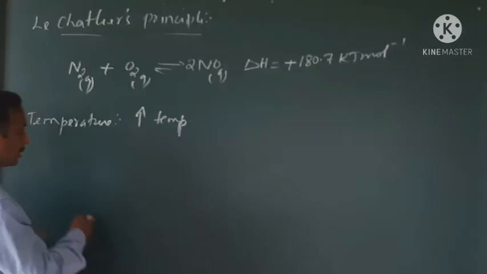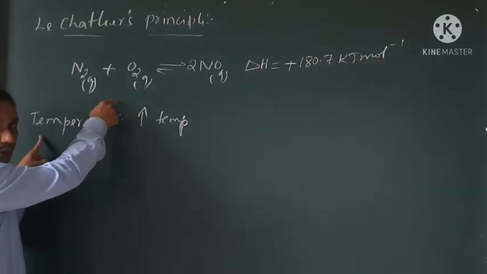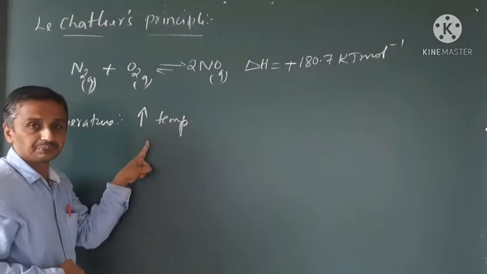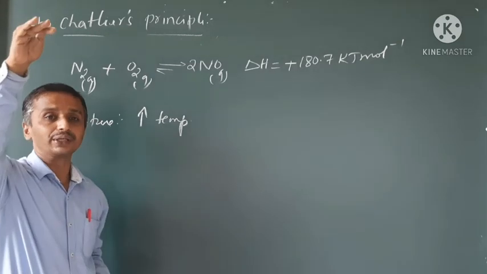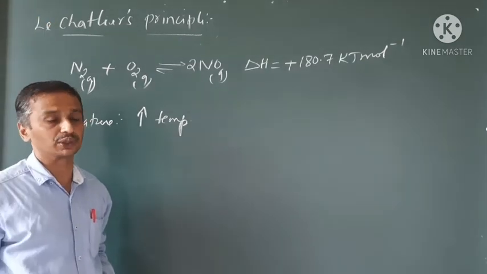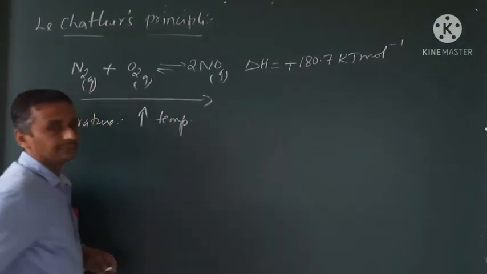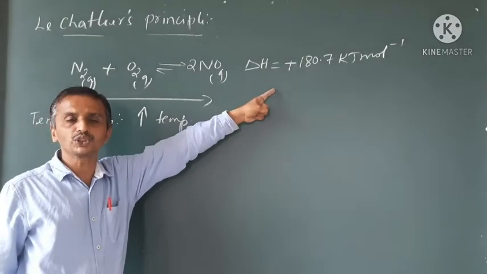This reaction is already endothermic, heat is absorbed, and I am increasing the temperature. The reaction should bring down that increased temperature by absorption, and absorption happens in the forward direction only. Forward is absorption, delta H positive.